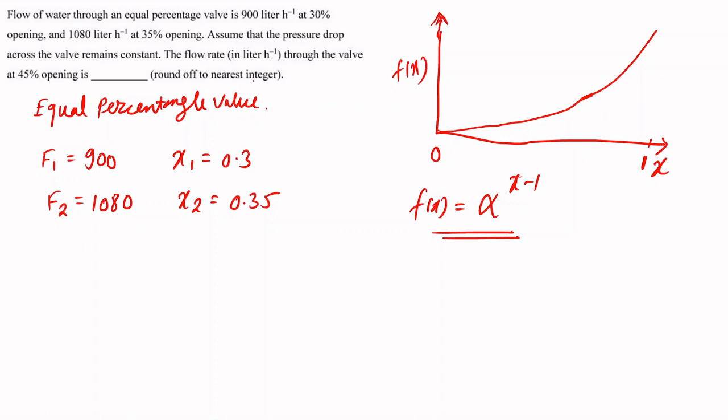Now in the given question, we have been asked the flow rate at 45% opening, that is F3. So we can use this correlation, where f is the ratio to the maximum flow and x is the valve opening. So let's put these values in this equation.